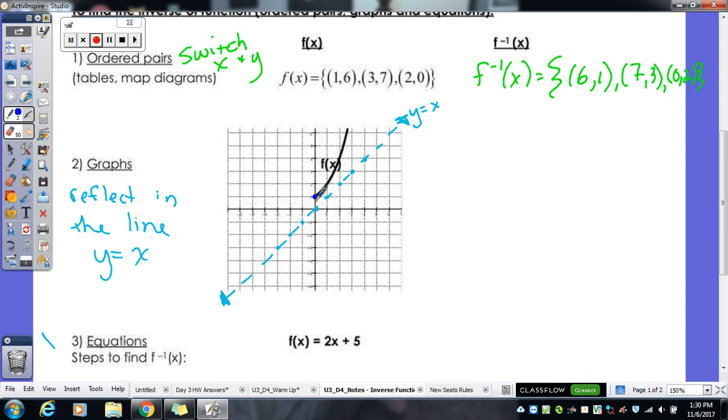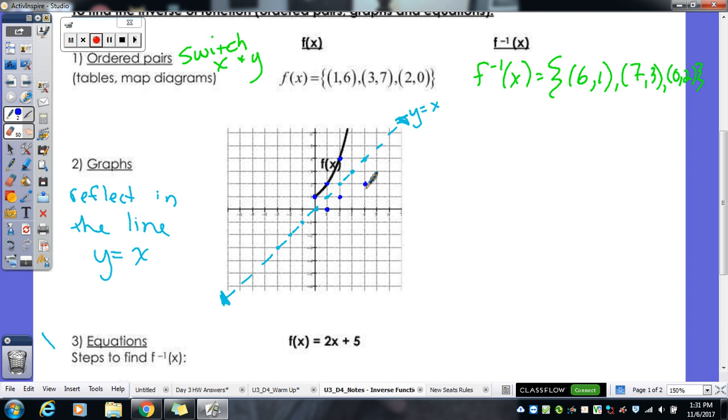So this is the point (0,1), so my inverse is going to have the point (1,0). My next point on my graph is (1,2), so my inverse is going to have (2,1). And then I have this point up here, which is (2,4), so my inverse is going to have (4,2).